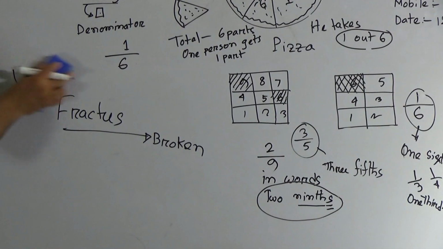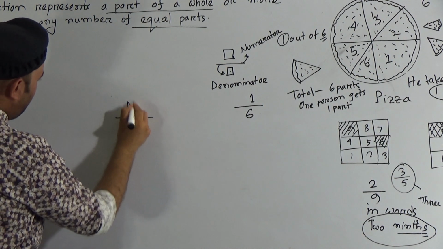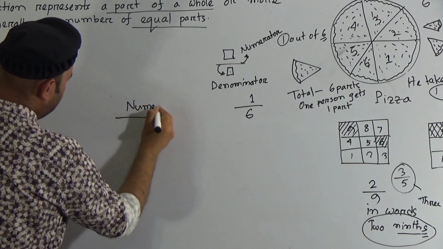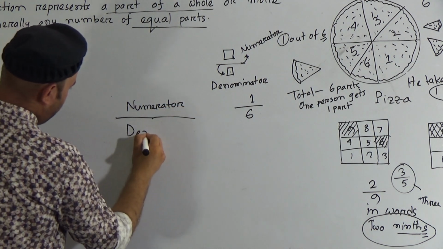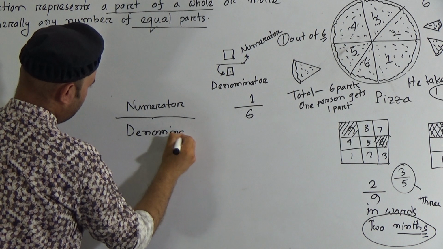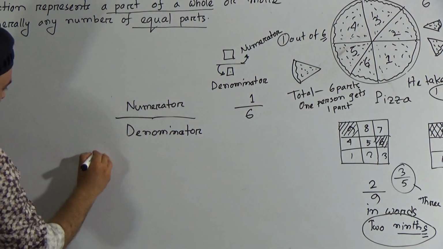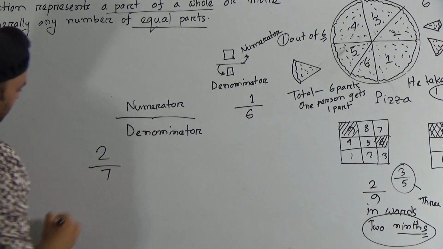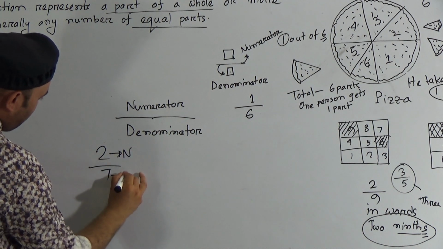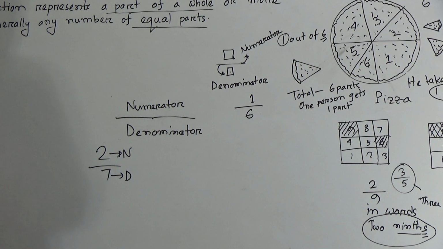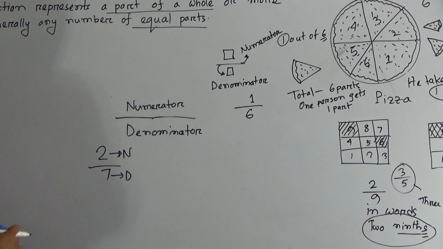So my dear students, we have already learned that a fraction is made with a numerator and denominator. If I write 2/7, we can say 2 is the numerator and 7 is the denominator. My dear students, hope you understood which is the numerator and which is the denominator.